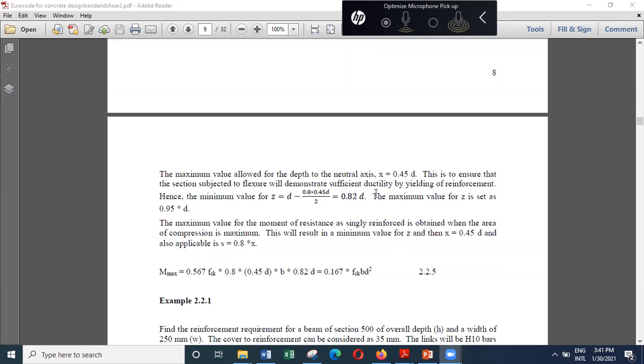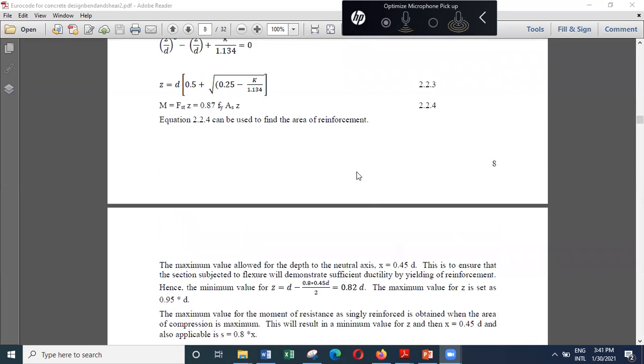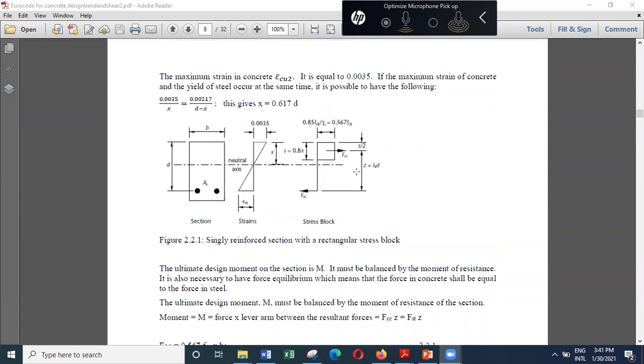The maximum value of z is considered as 0.95 times d, because if you allow a z value greater than 0.95d, you'll find that this compression area is very thin, and when the compression area becomes very thin, there's a danger.